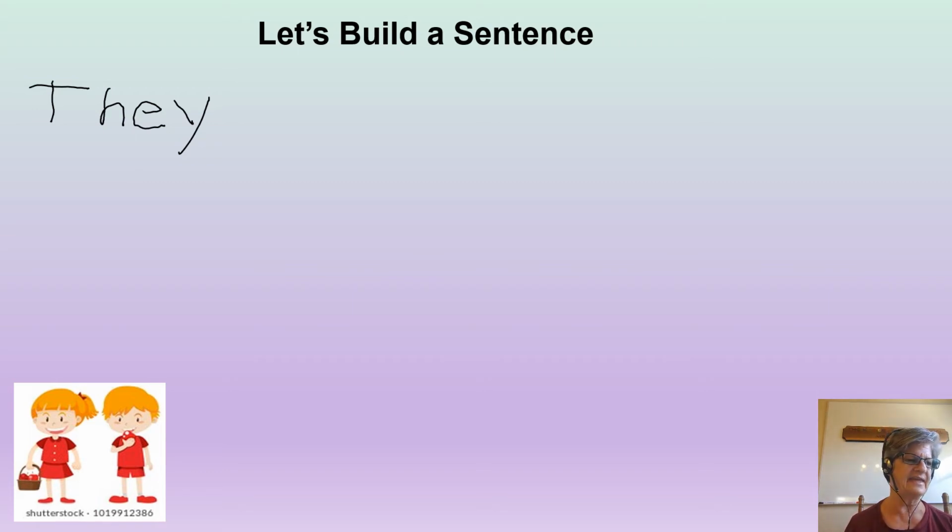It's the word they, and I will wait. Remember, they means more than one person, and I see two people in the picture here. So let's write they. Again, it's capital T, lowercase h, lowercase e, and lowercase y. They.